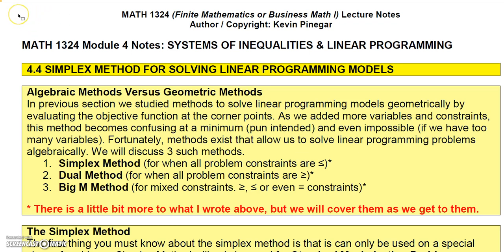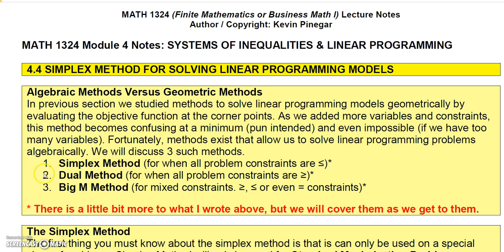So what we need to do is find an algebraic approach rather than a graphing approach to solving these linear programming problems. And it turns out there are methods to do this. One method that we're going to talk about here is the simplex method. This method is used when you're maximizing a problem and all the constraints are in the less than or equal to form.